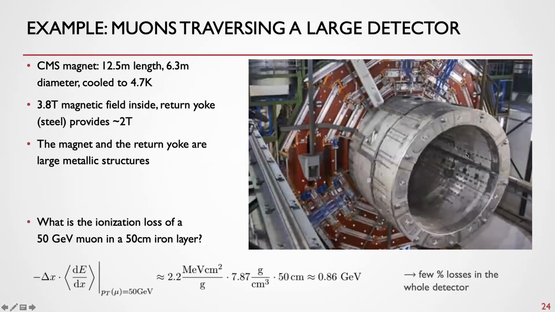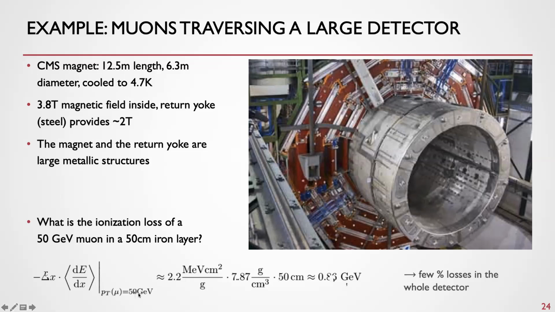So we read off 2.2 MeV centimeters squared per gram, multiplied with the density of steel, 7.87 gram per centimeter cubed, and multiplied with the thickness of 50 centimeters. So let's compute the energy loss of the magnet. And it's 0.86 GeV.